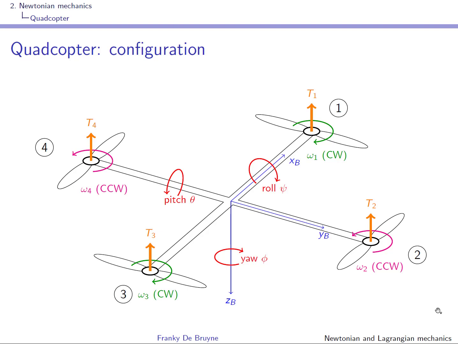Again, if you take your right hand, you point it in the direction of XB, the natural curl of the fingers goes in the direction of a positive roll, psi. And if you want a positive roll psi, you have to make sure that rotor 4 is spinning faster than rotor 2. And then you have the quantities T1 to T4. They are the thrust that is obtained from each rotor, and of course it's influenced by the rotation speed.